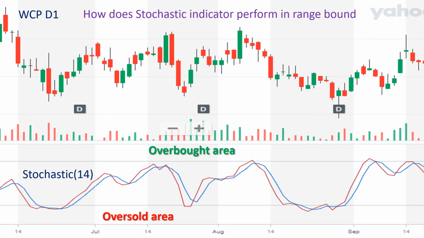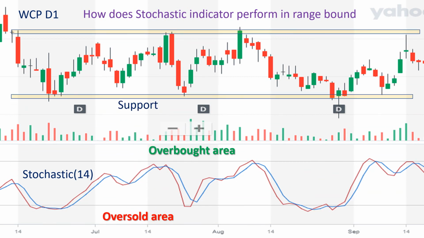This way we realize that the stochastic indicator shows the top and the bottom of the range with very good accuracy. Now if you erase the stochastic indicator and draw your support and resistance levels, you see the same result.